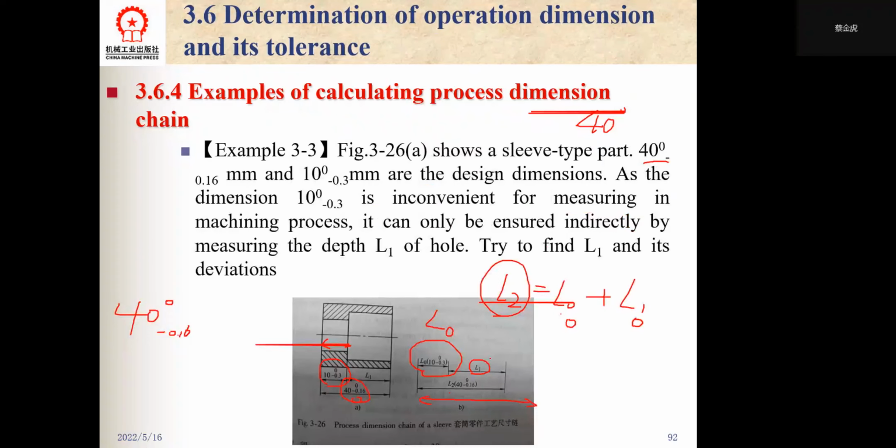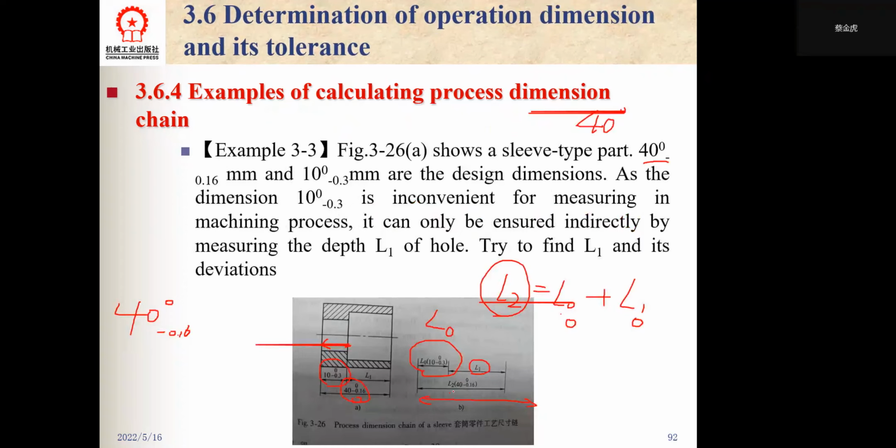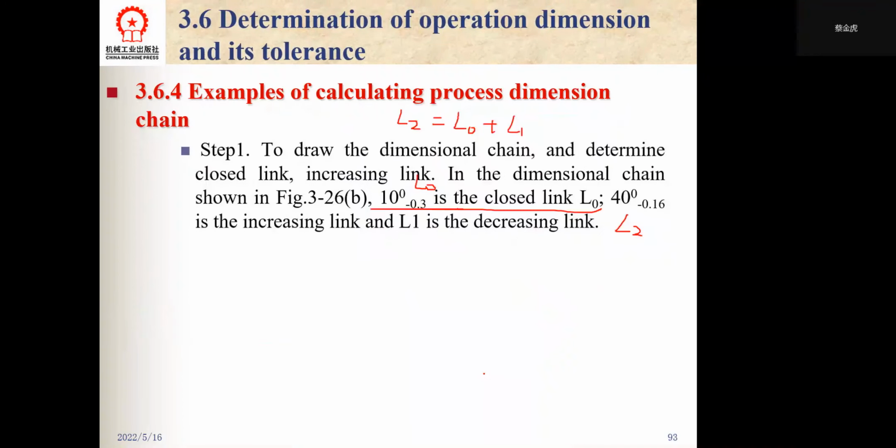So L2 equals L0 plus L1. So L1 is a decreasing link. We have the closed link, the decreasing link, and the increasing link.